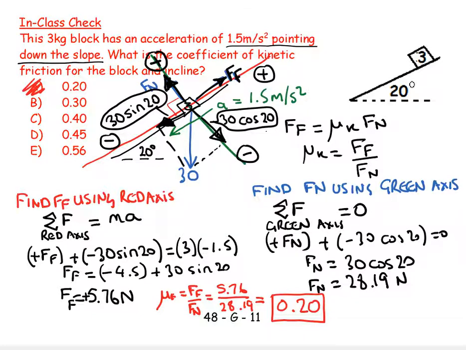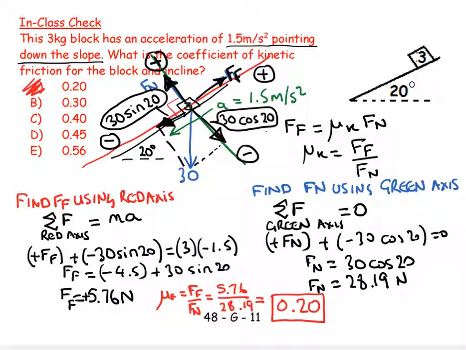So let's recap a little bit. First of all, I needed a good diagram. Secondly, I needed to have a strategy. So I knew that to find mu k I needed Ff and I needed Fn, and I had to recall this idea about using an axis perpendicular to the parameter I did not want.